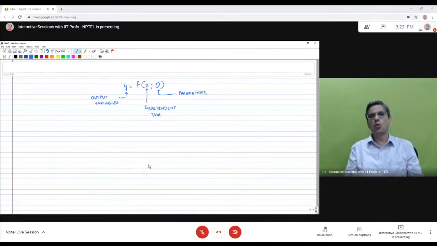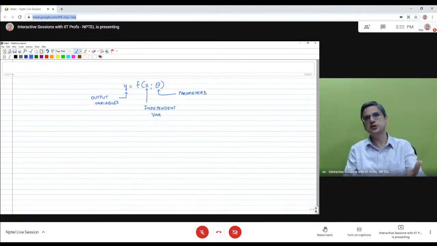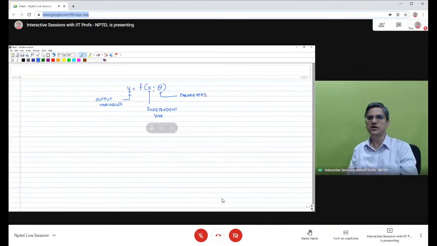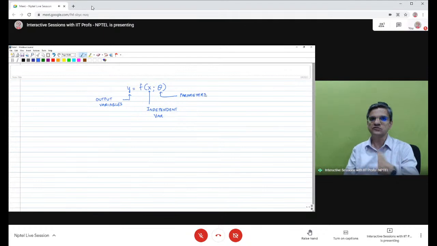Now, what is the typical way of evaluating a function? Given x and theta, you substitute the value of x into f and you get the left hand side, which is y. That is one way of solving.